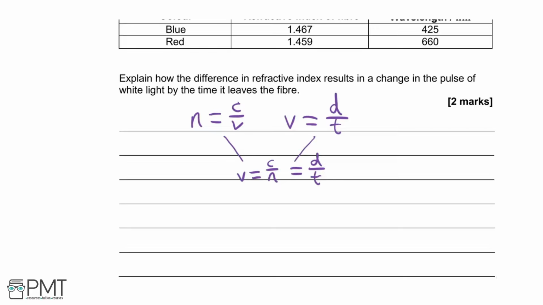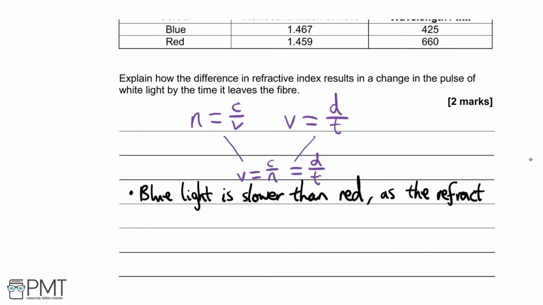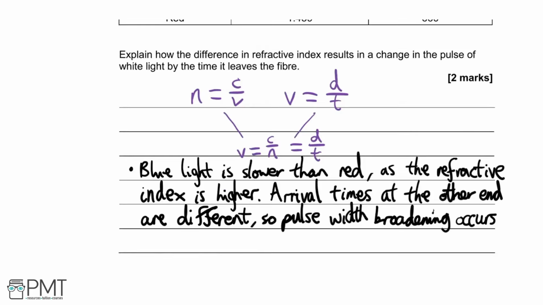So we're looking at how the difference in refractive index affects the difference in arrival times effectively of those two different colours, because that's what's going to cause that pulse width broadening. Let's write that down first of all, because that's one of the marks that we can obtain. So that's the first mark in that question.